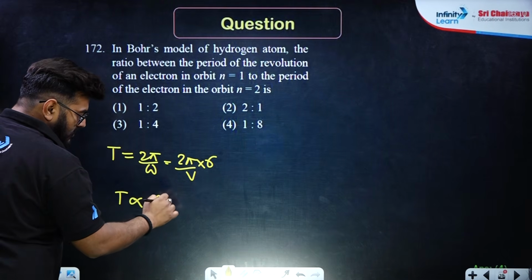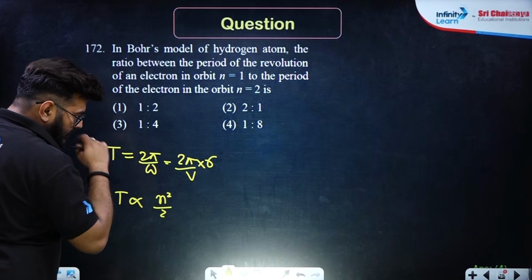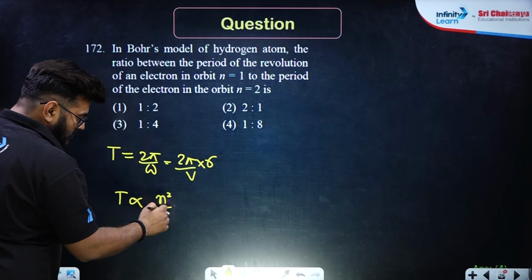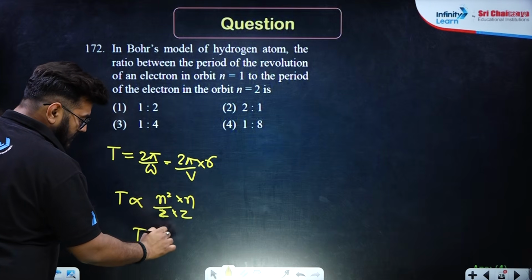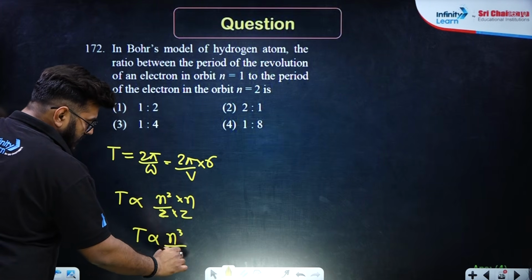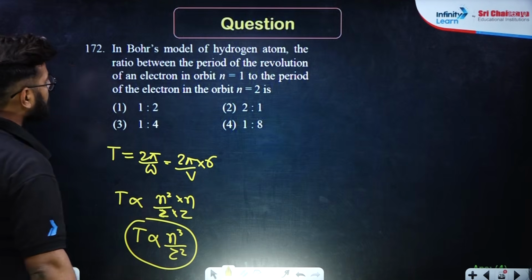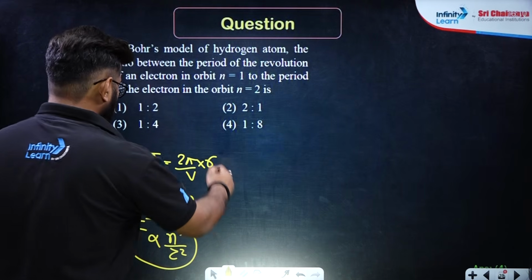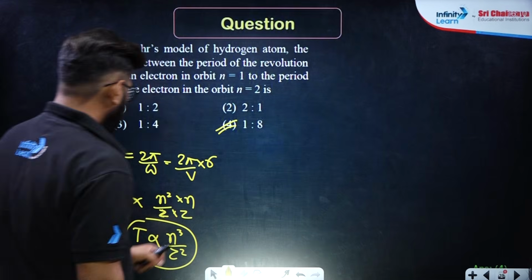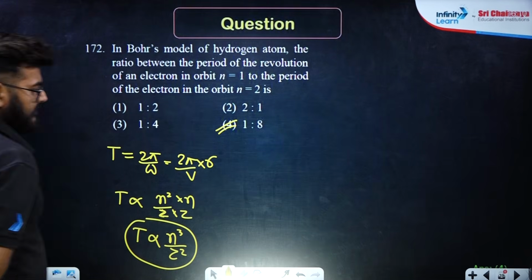So it will be n square by Z due to r, and v is going to be Z by n. So time basically is governed as n cube by Z square. Now please relate whatever they are saying. It's basically in terms of n only, so 1:8 is the right answer. Time is directly related to n cube, so 1:8.